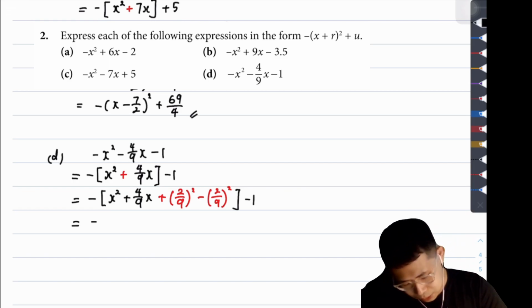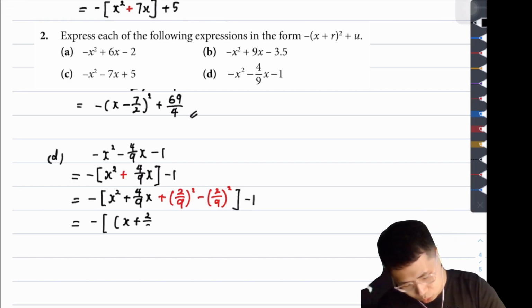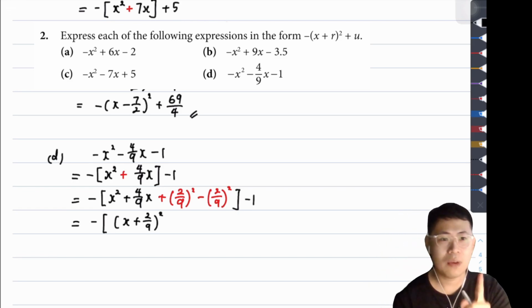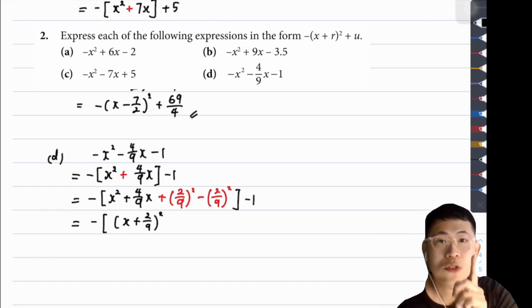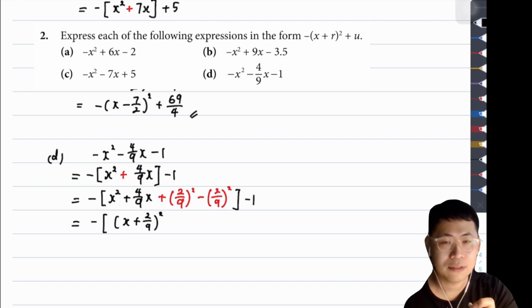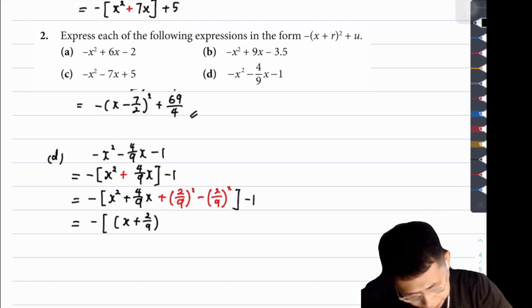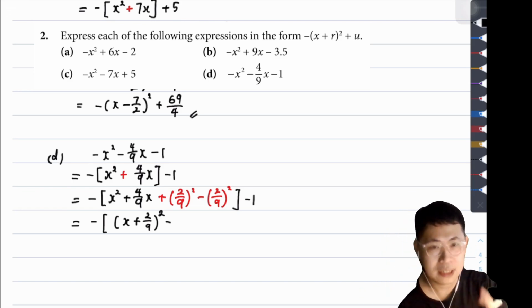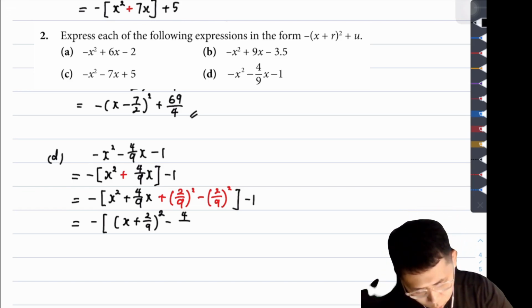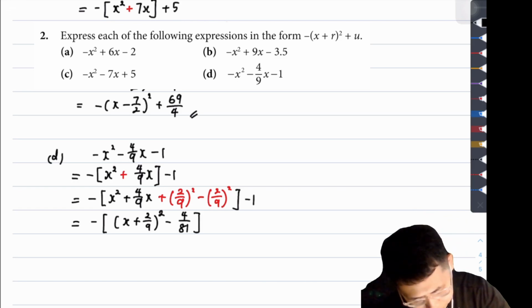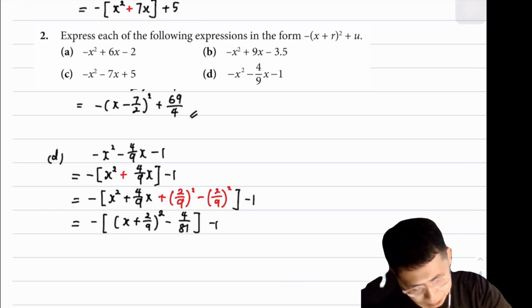Next we complete the square. We have our x plus 2 over 9 squared. For this one, the b is a positive number, so remember to keep it positive. If it's negative, follow negative. Then we need to minus off our b over 2 squared, so 2 over 9 squared, 4 over 81, and a minus 1 on the outside.